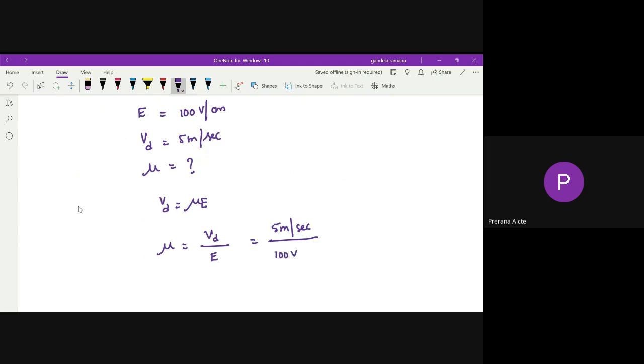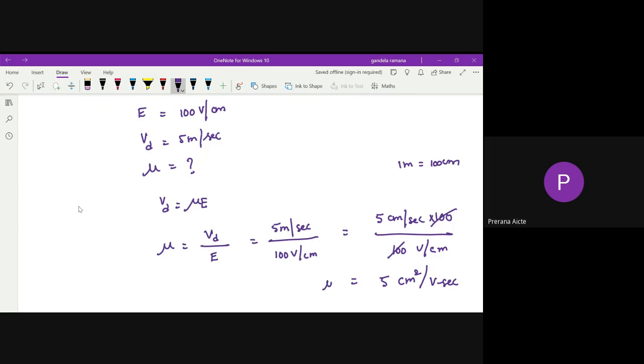We know 1 meter is equal to 100 centimeters, so converting, we get 5 centimeter square per volt second.